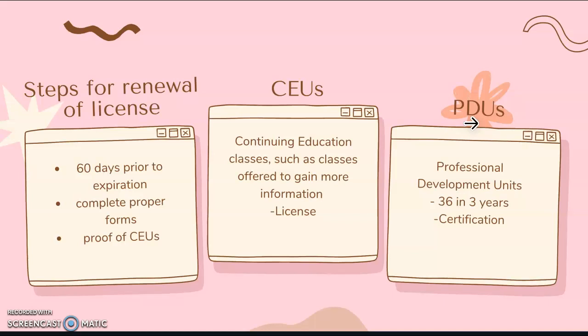So make sure you have plenty of days so they can complete it in enough time. And as well, you do have to submit the proper forms. Like I was saying, it's basically the same forms as the limited permit and the actual license.